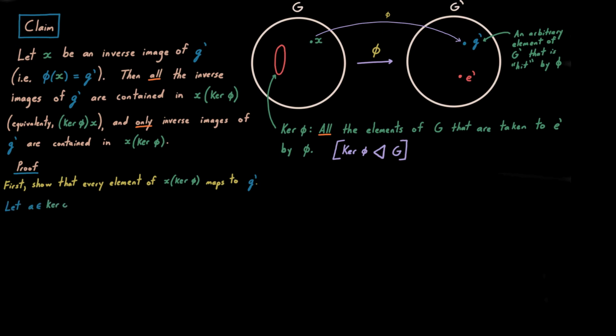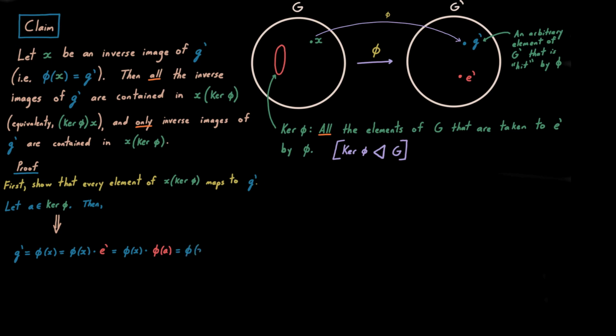Now that being said, let us start on this proof. First we want to show that the only elements contained in x times the kernel are those that map to lowercase g'. Pluck any element arbitrarily from the kernel, let's call it lowercase a, and notice the following. g' is of course phi of x, but phi of x can be written as phi of x times E'.